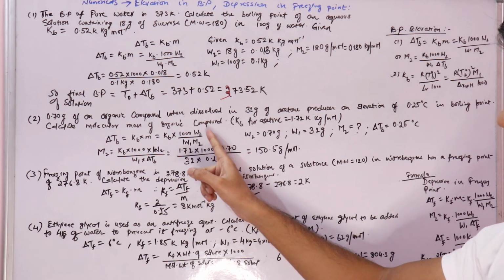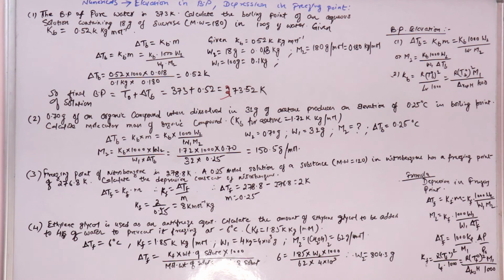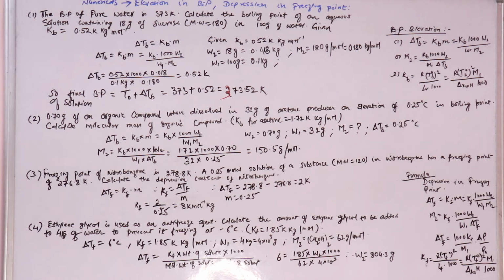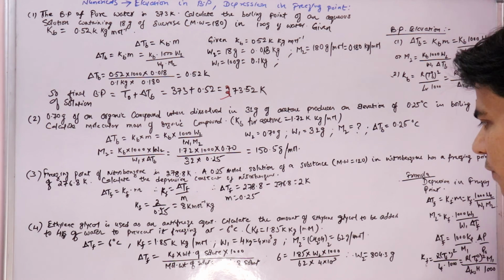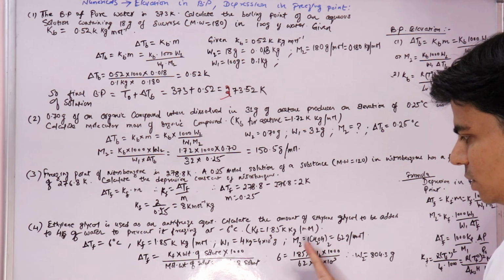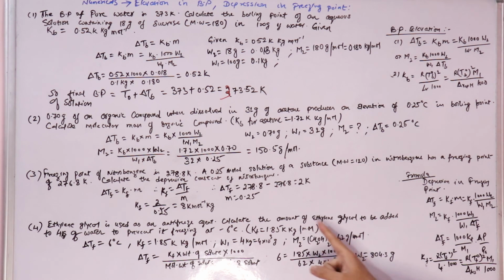So M2 we need to calculate, and M2 would be the molecular weight of the solute, which we can calculate. The formula of ethylene glycol is CH2OH whole twice. So from here we can calculate the value of M2 to be 62 grams.